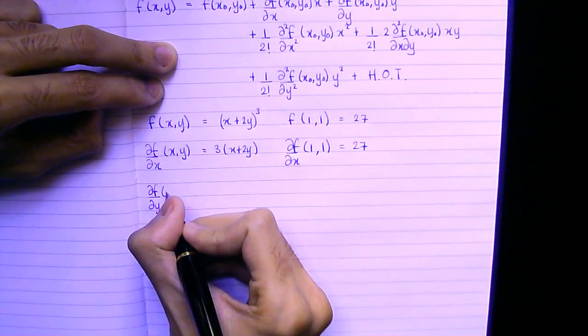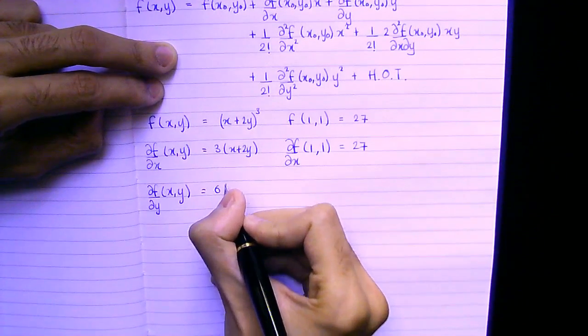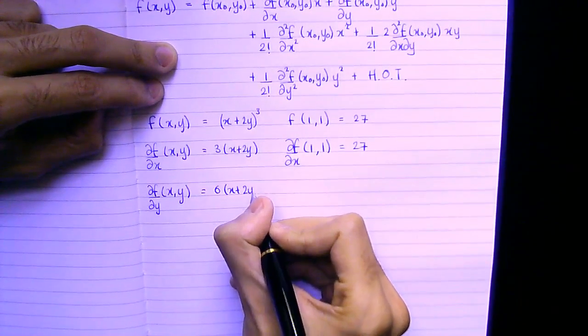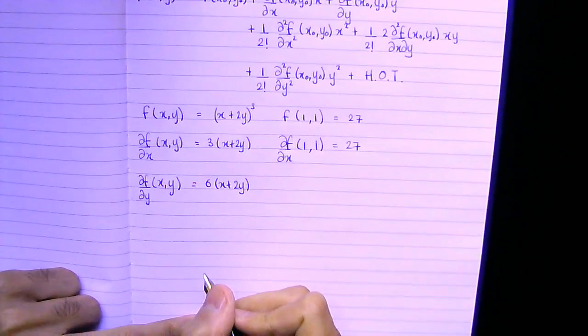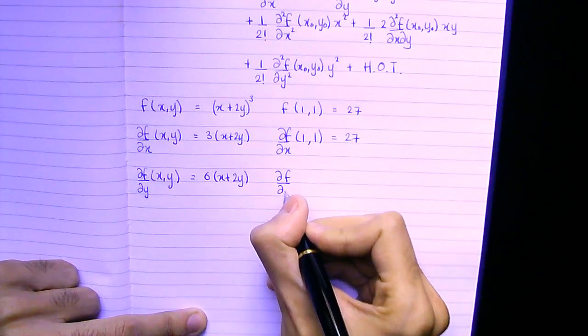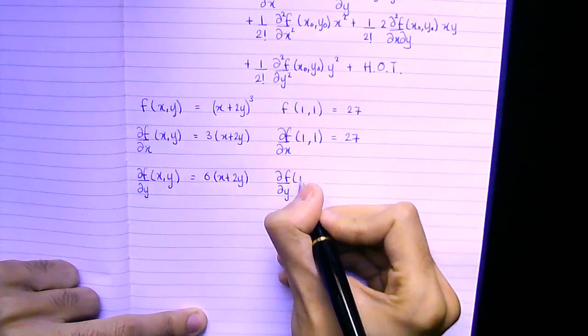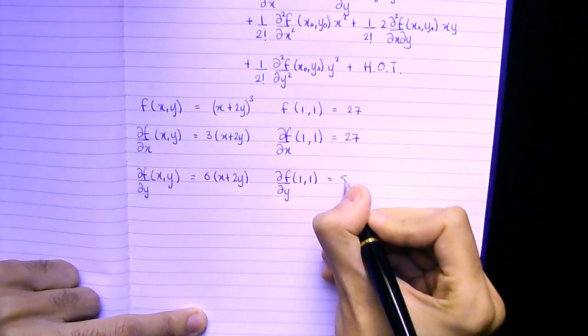Now I do the same with respect to y. Here I'm going to have 6 times x plus 2y. And I evaluate this at the point 1, 1. And I get 54.